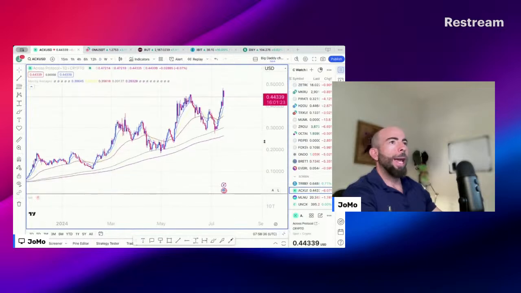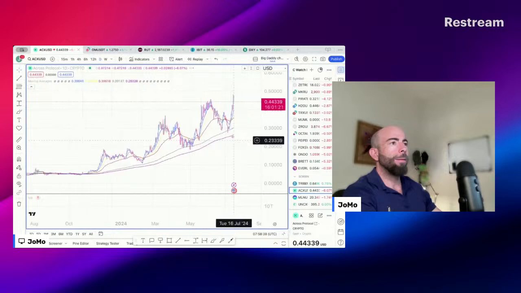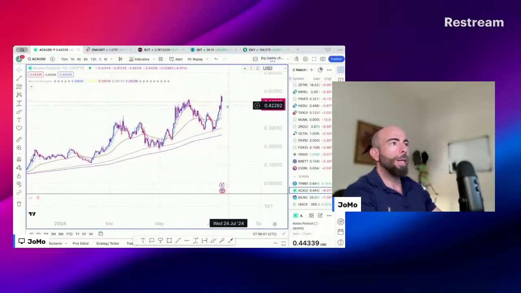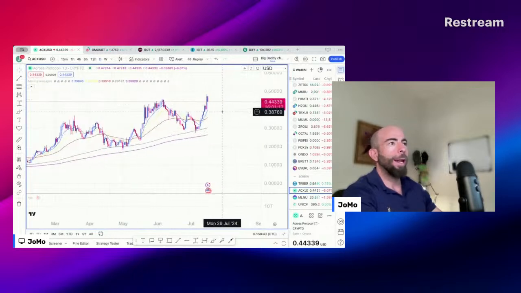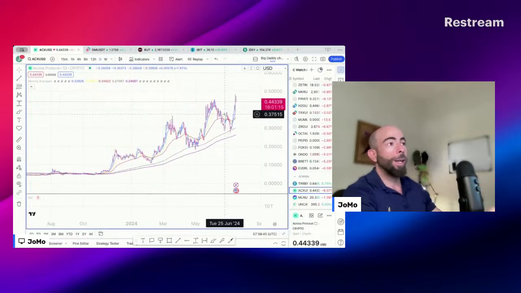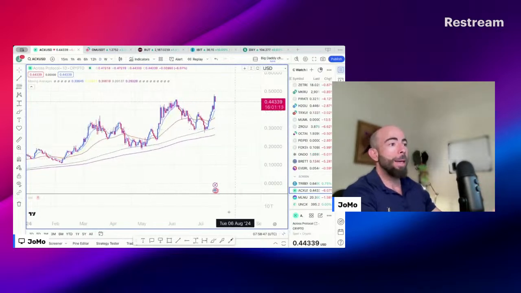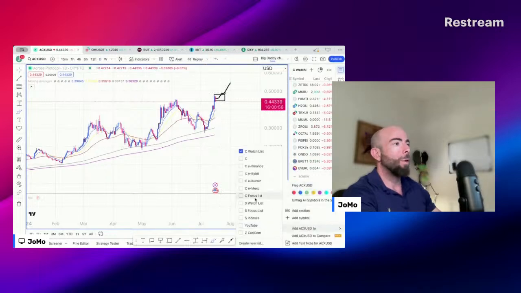ACX, all right, is a name that is at new all-time highs. Actually, I missed the potential entry over here. This was not on my list. You can see, not perfect. I missed some things, but maybe it will continue to break out, create a few more days sideways over here and then break out to new higher grounds, and boom, that will be a potential entry. So this is going to my focus list.